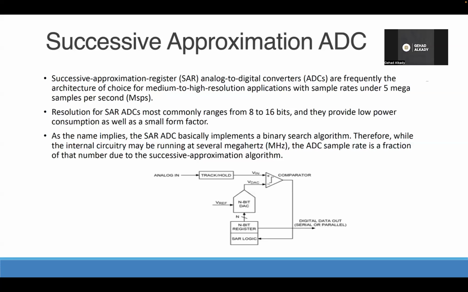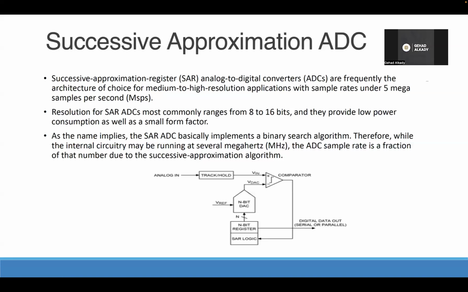So for this sake, the new iteration begins with the input value being compared to 3 Vref over 2. The 3 Vref over 2 is the midpoint of the range from Vref over 2 to Vref.